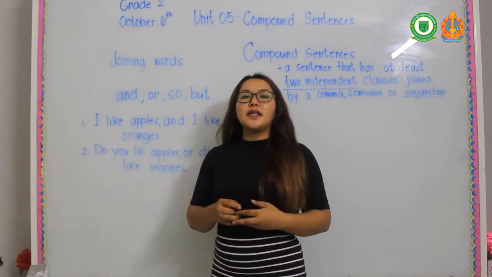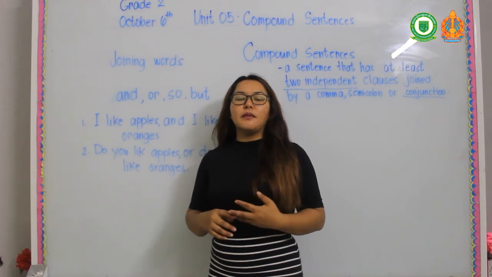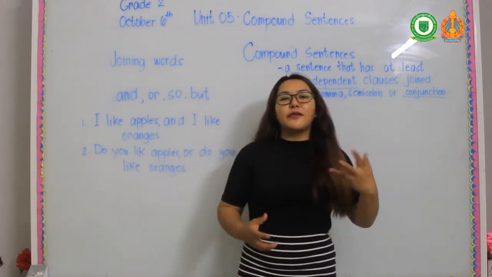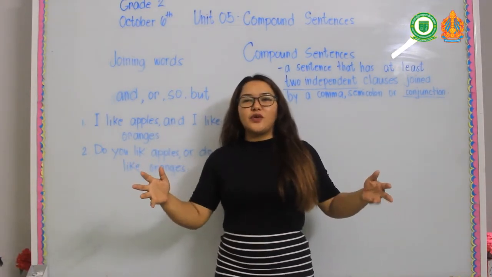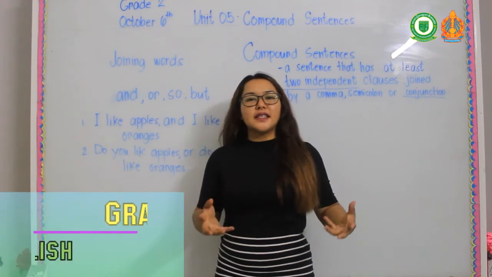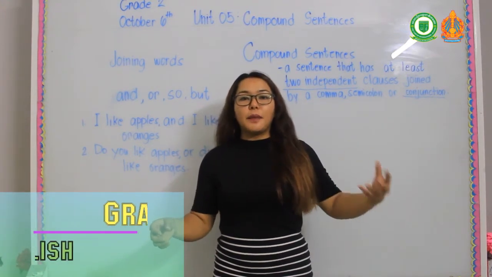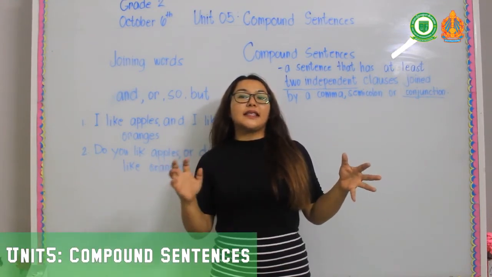So normally if you make compound sentences, you have a lot of things to say, but you want it to be in just one sentence. You don't want to make a lot of sentences, that's why you make a compound sentence, to make it just one sentence.